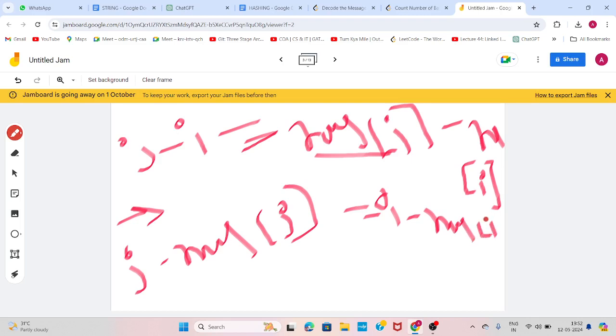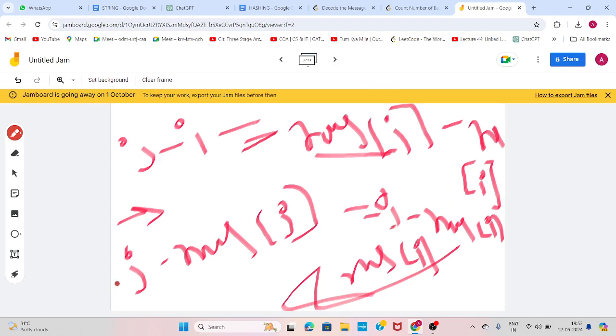Now if we move j here, it becomes nums i minus nums j, and it will also work. So we will take this one, putting the negative sign on both sides.